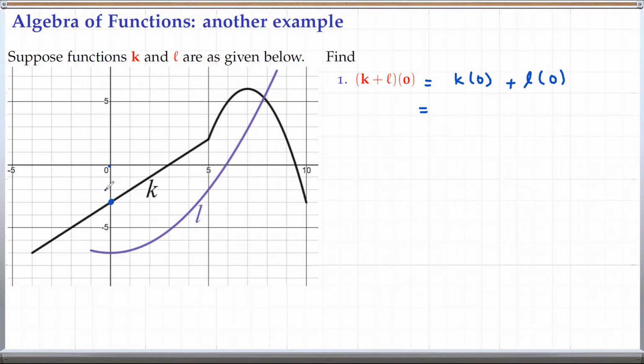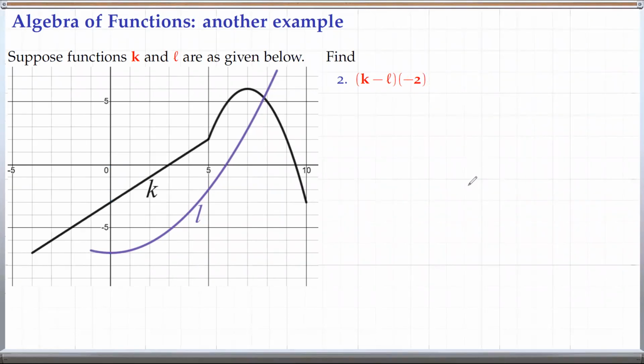So negative 1, 2, 3, negative 3. So k of 0 is negative 3 plus L of 0. For L of 0, we look at the graph of L. When x is 0, y value on the graph of L is negative 7. So this becomes negative 10.